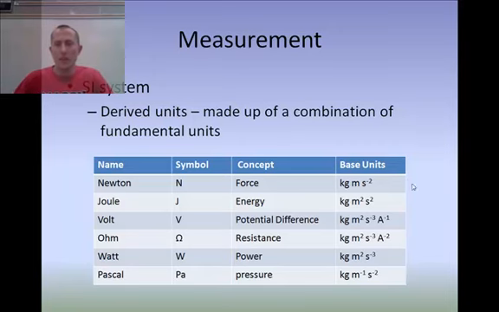And you can see here we have what the base units for those are, and you notice that in all of them it's what was on the previous slide: kilograms, meters, seconds, amps, all some combination of those fundamental units, and we've simplified them by giving them an equivalent unit. So that's really all we're doing, is we're making it easier on ourselves so we don't have to write out all of these base units. We're giving it an equivalent unit that we call a derived unit.